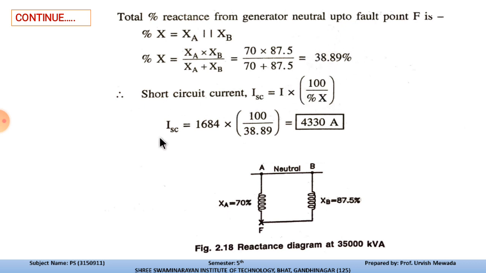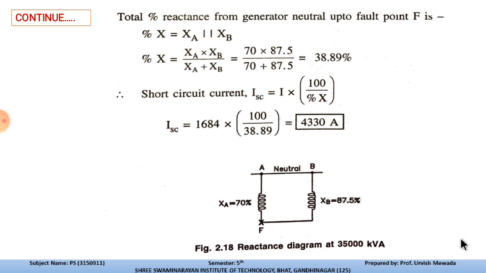By putting in the values, we will have the value of ISC, that is the short circuit current at this particular point where the fault will take place. At that point the short circuit current is 4330 ampere. So this is how we can solve the example for the given system.